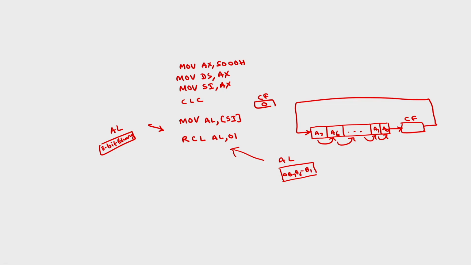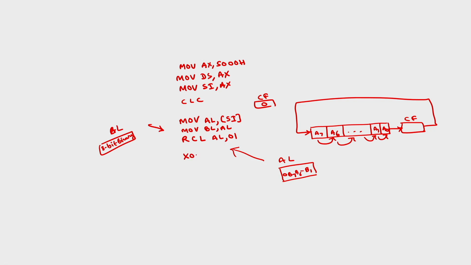Then you have to just do the exclusive OR operation between these two. You can store the original in BL, because if I rotate this, the previous AL contents will be lost. So you can move these contents onto some BL register, so that BL contains the original 8-bit binary number, and AL will contain the shifted version.